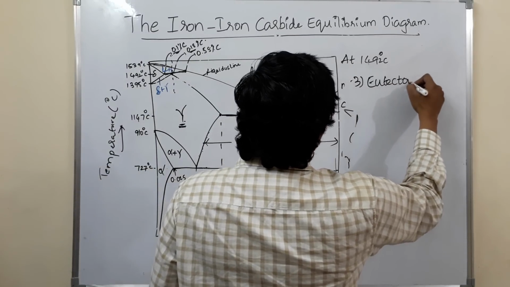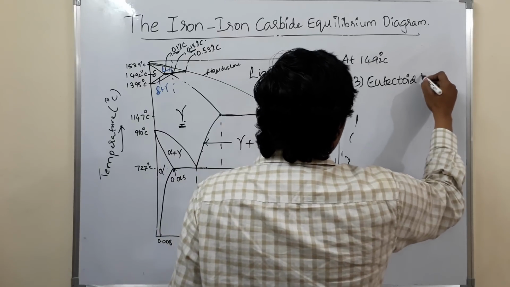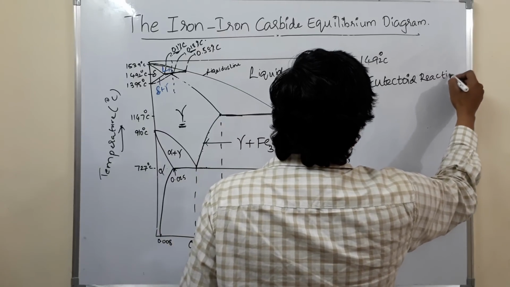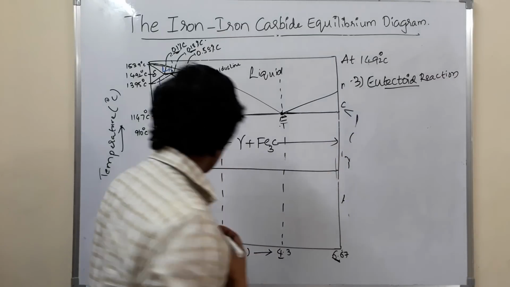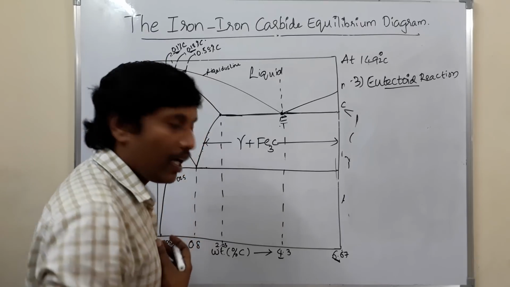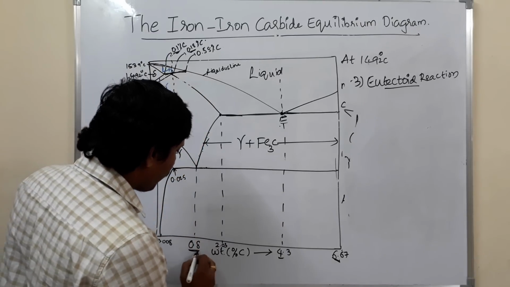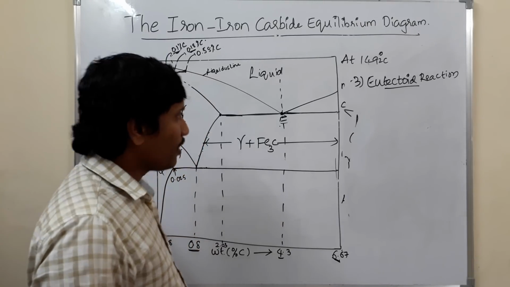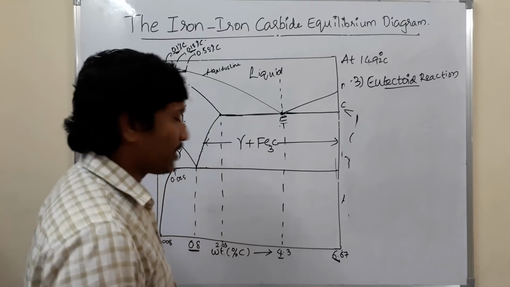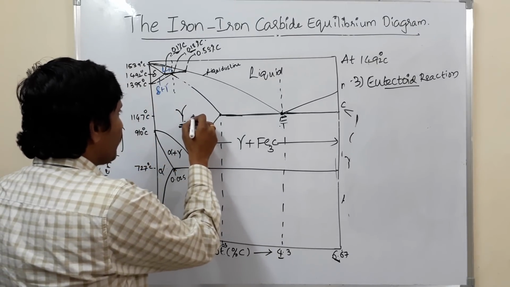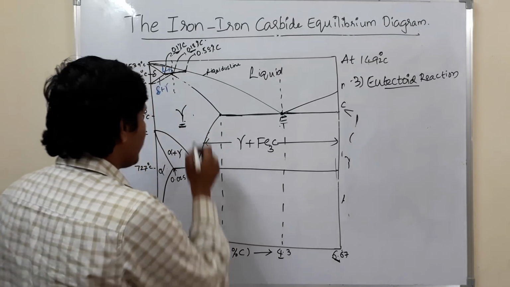The eutectoid reaction occurs at a percentage of carbon of 0.8. So what is this eutectoid reaction?